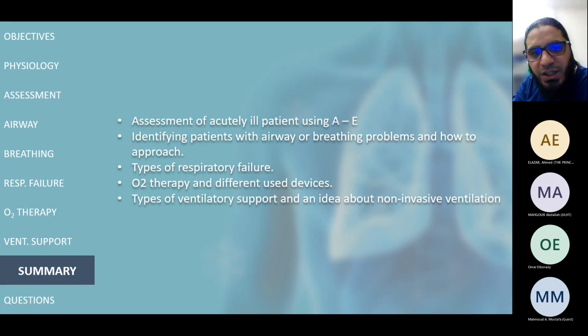I've spoken about the different types of respiratory failure, the causes, and how to manage different devices that can be used in oxygen therapy, the limitations of each, and the advantages and disadvantages, and a brief idea about the ventilatory support, and specifically about the non-invasive ventilation, different types, and what are the indications and complications of these.